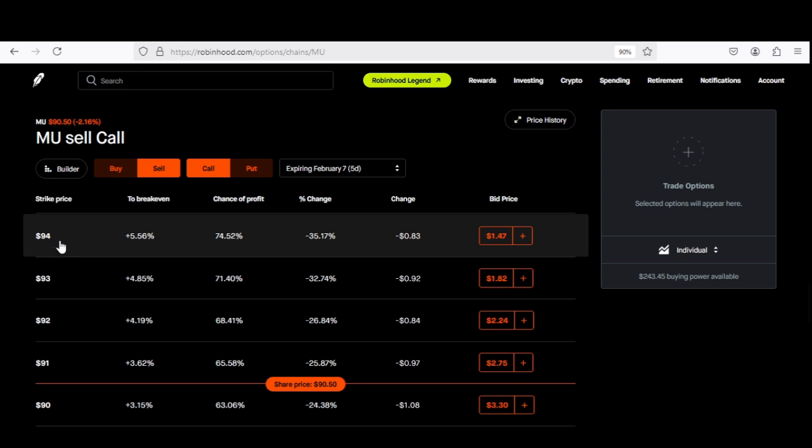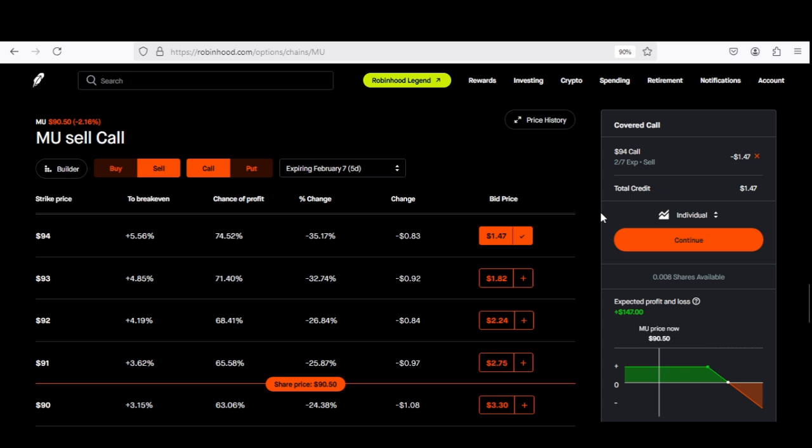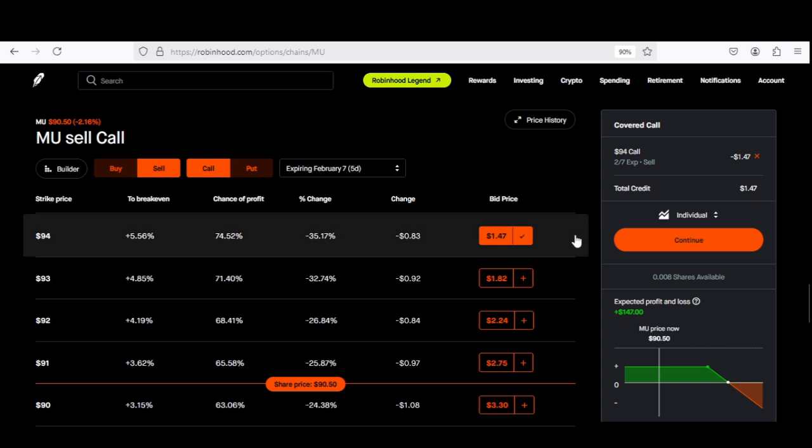And with the $94 strike price, I'm going to be paid premium, which we just went through as well, of $1.47. The $1.47 is going to be an option contract, which we mentioned before, and you're going to multiply that by 100 shares, which we also mentioned. Each option contract is 100 shares. So once I do this option strategy right now, I will be receiving $147 into my portfolio.